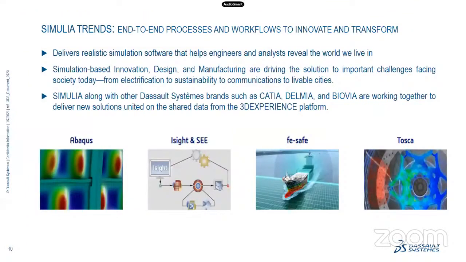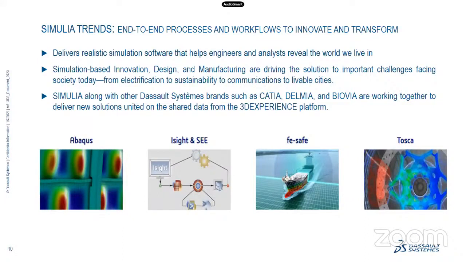Now, as I mentioned, Simulia is our main brand which works for simulation applications. There are a lot of products in Simulia; I just included what is relevant to this talk.